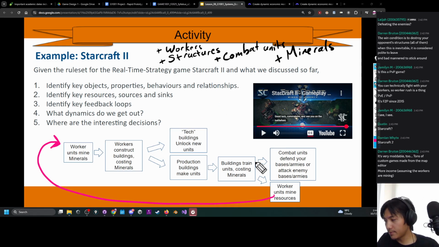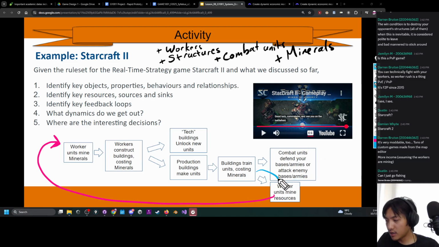Or should I spend my money making combat units to win the game right now? If I spend my money building myself up and I build a bigger army, or with more wealth, I might have an easier time building a bigger army, and then I can use my bigger army to crush my opponent.